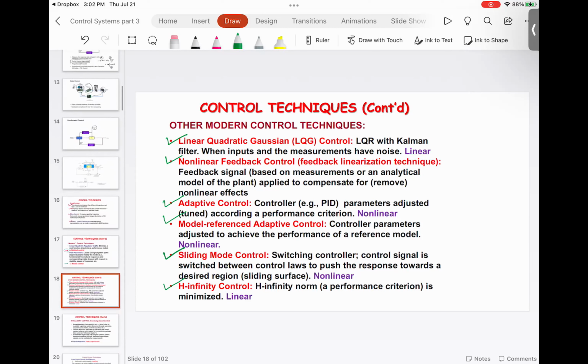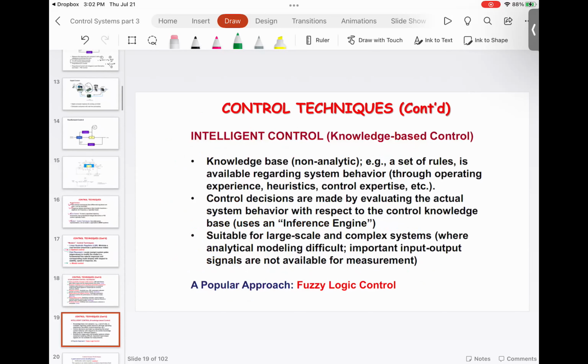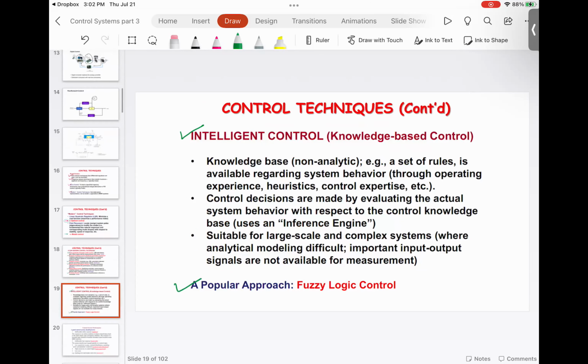Okay, that being said, if you are into neural networks, fuzzy logic, machine learning, you can use some knowledge representation techniques to come up with intelligent control, fuzzy logic control.